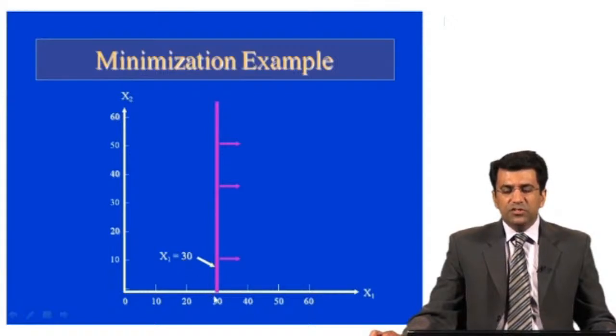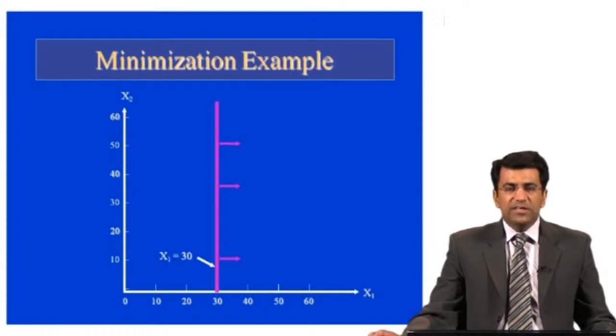This is the point on x-axis where the value of x1 is equal to 30. Now we will have a point at this particular x-axis, and we will draw a straight line parallel to the y-axis. Now this is actually the line for this particular constraint, which we have converted into the equality.